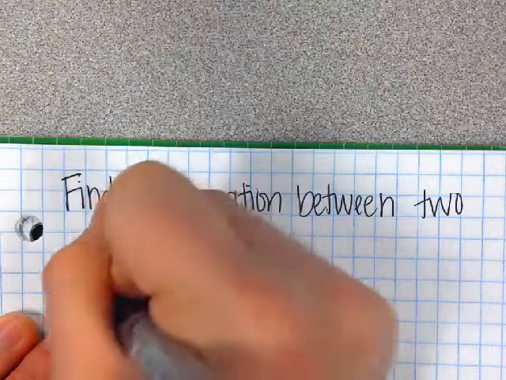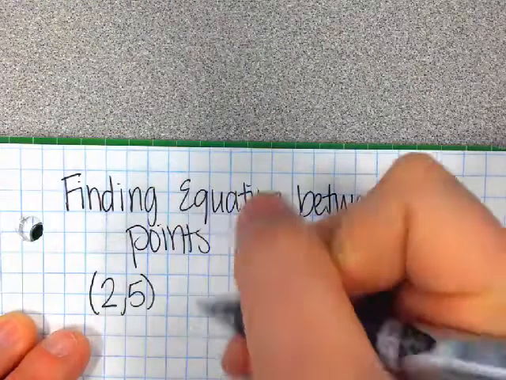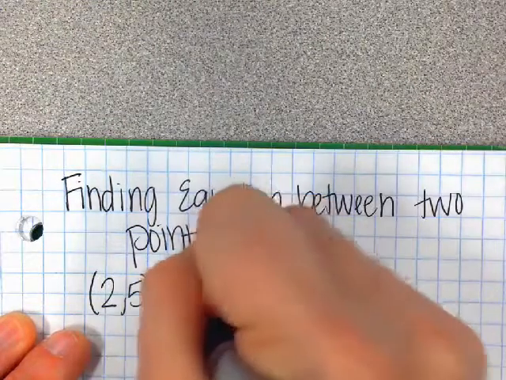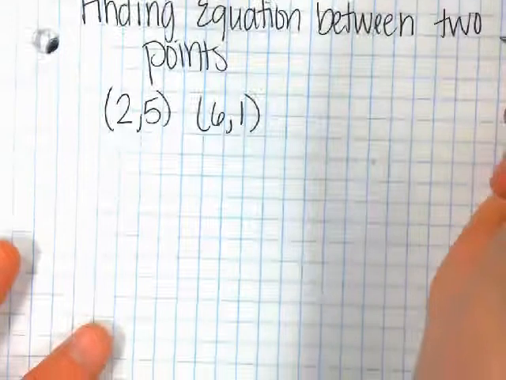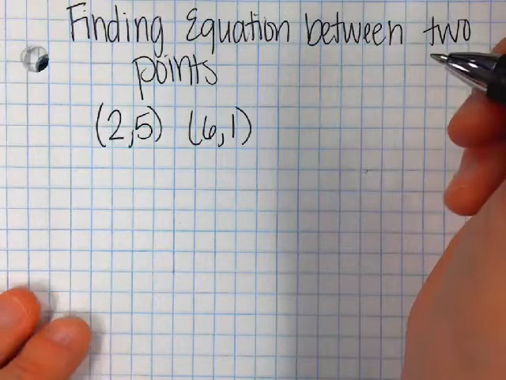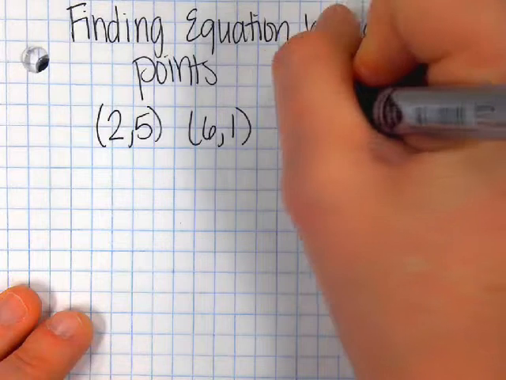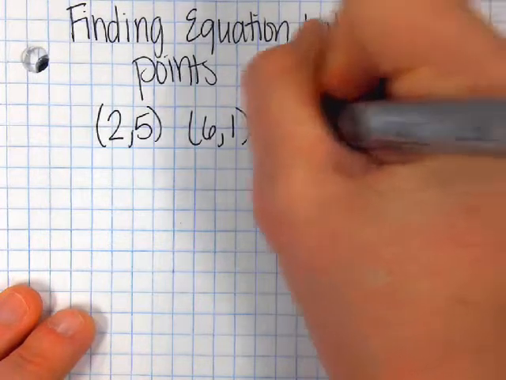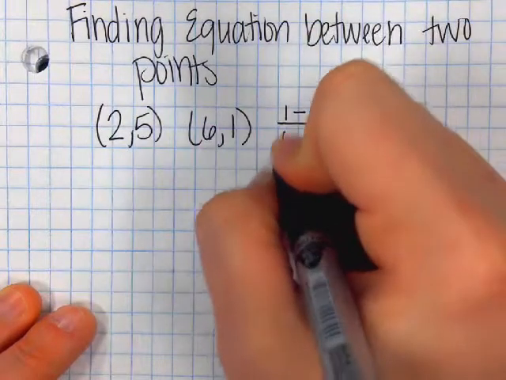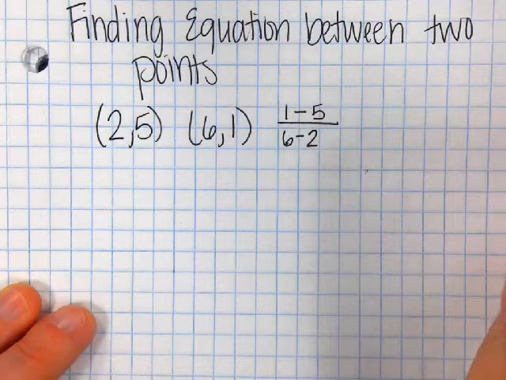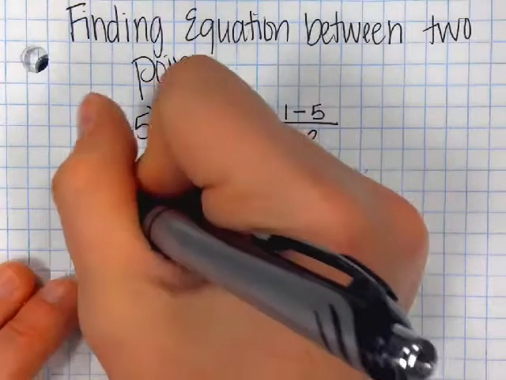So if I have the point 2, 5 and the point 6, 1, you can use the slope formula where you do y minus y divided by 6 minus 2, x minus x. You can do it that way.